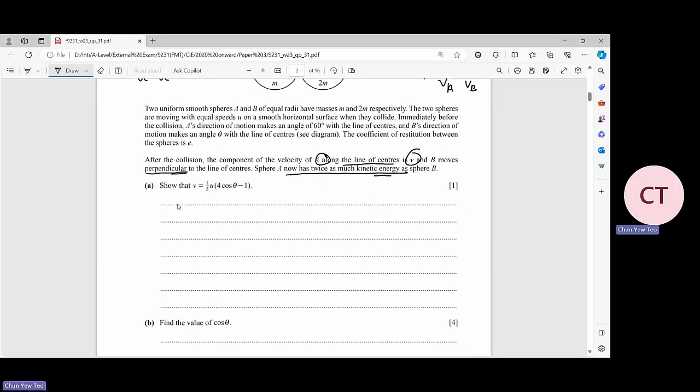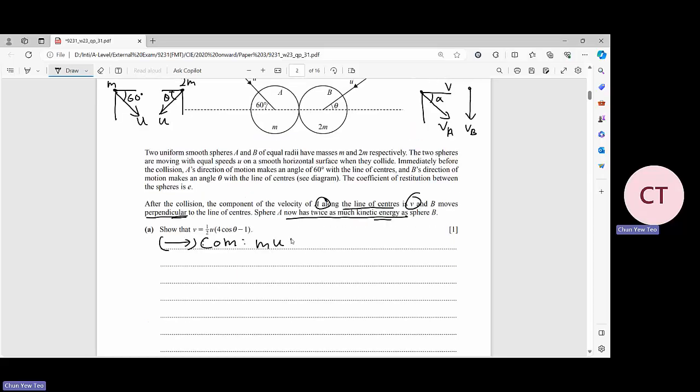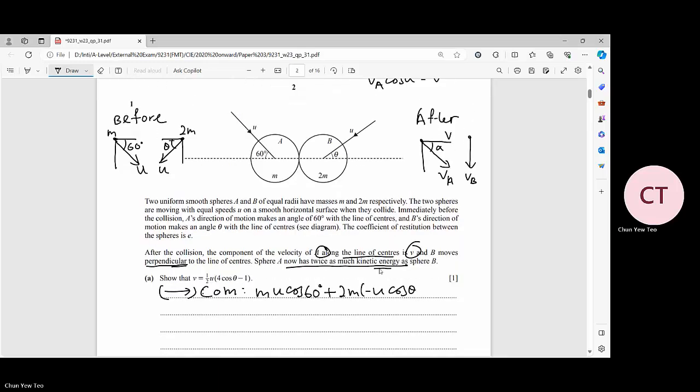Now, the first part of the question: show that V is equal to half u times (4 cos theta minus 1). What you can do is consider the horizontal component and use conservation of momentum. You have m u cos 60, considering the horizontal component only, plus 2m of negative u cos theta, equals m VA cos alpha.